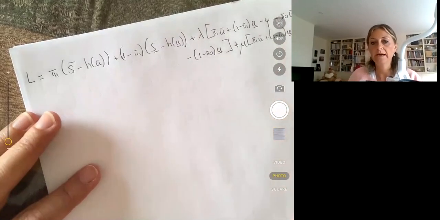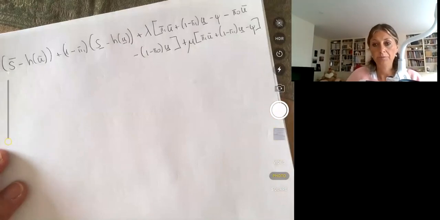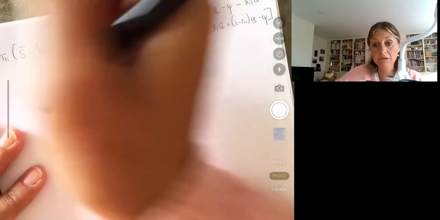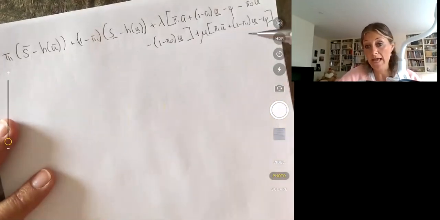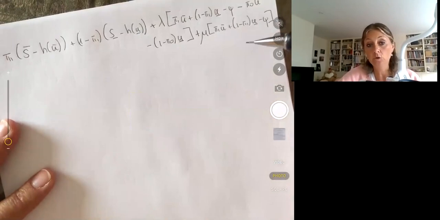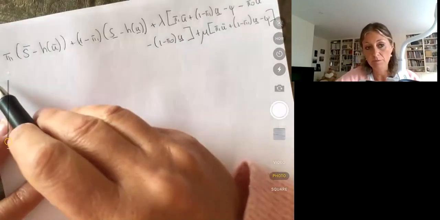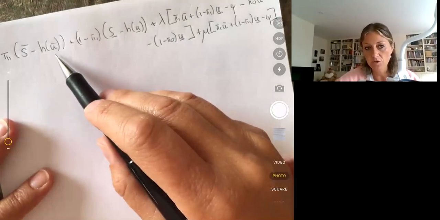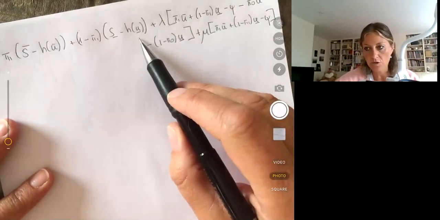Okay, now what do we do? As we know, we are looking for the optimal transfer that we have replaced by U upper bar and U lower bar. So we partially derive the Lagrangian function with respect to U upper bar and then with respect to U lower bar.